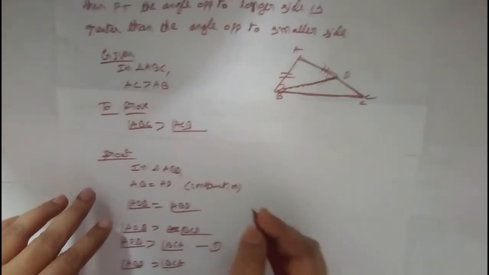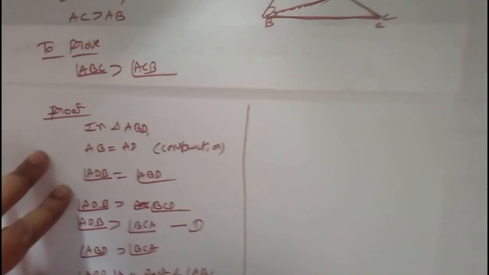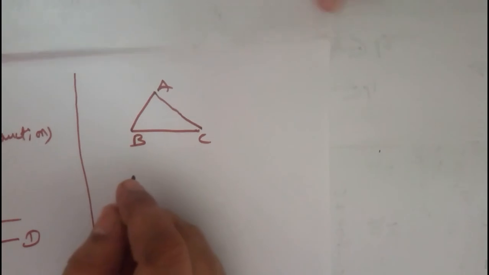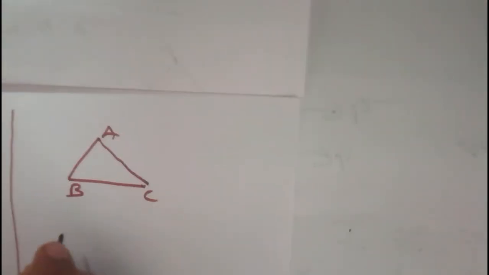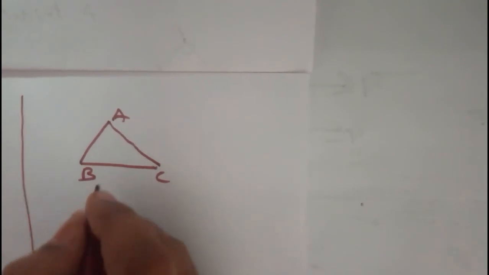This theorem's converse is, in any triangle, the side opposite to the greater angle is the longer side.